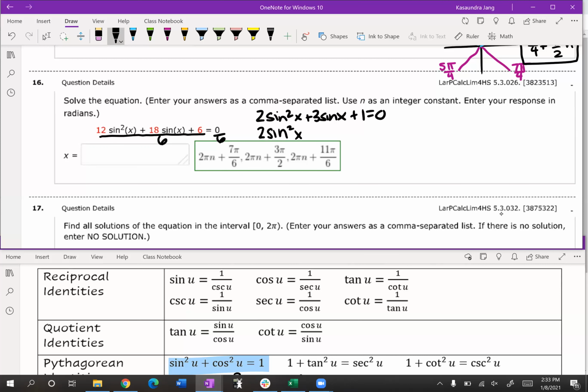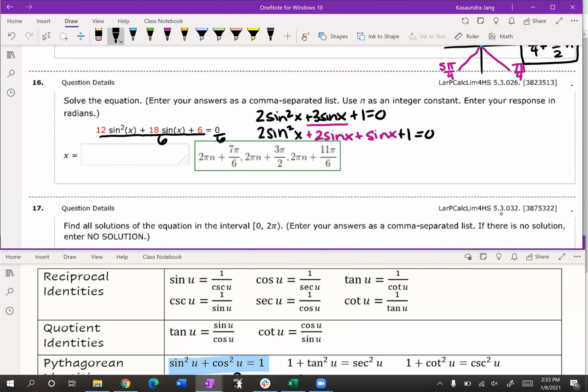I'm going to break my 3 sine of x. I'm going to break it up into, we chose a 2 and a 1, right? So I'm going to break it up into a 2 sine of x and a 1 sine of x. And the whole point is to do some grouping.